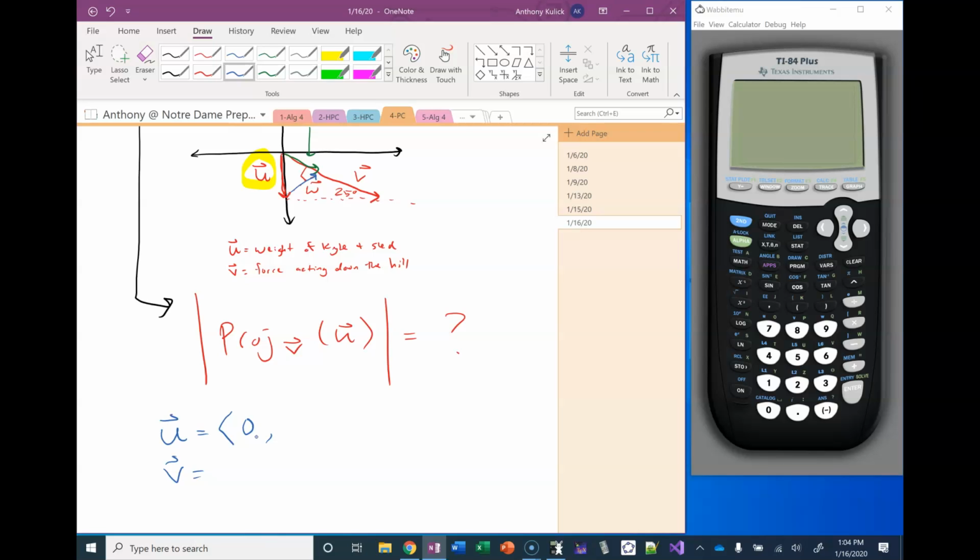And because it's pointing down, what is going to be the sign of its y-coordinate? Negative.